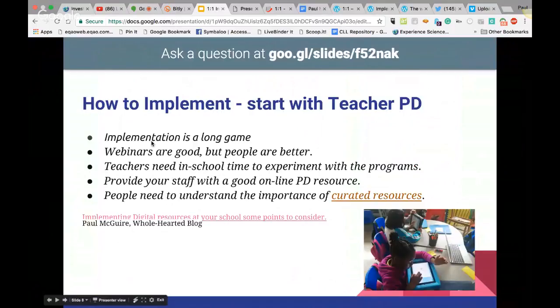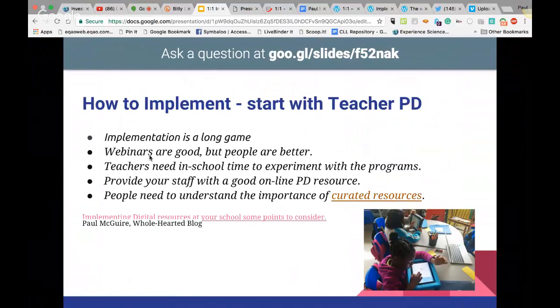We tried webinars, but the webinars didn't work all that well. What teachers really preferred was having people come in and talk about the different programs they were going to be using. So when I looked to purchase digital programs, which was my big job, finding digital content for the teachers, I looked for programs that had excellent professional development opportunities and really good support.